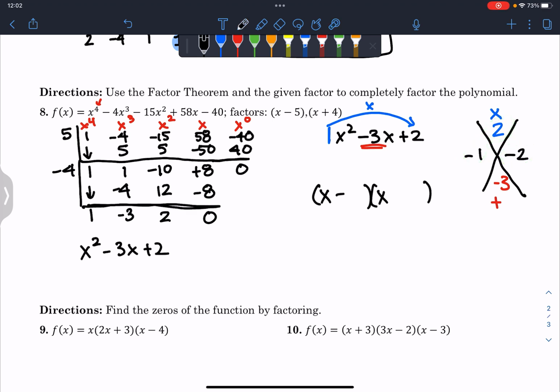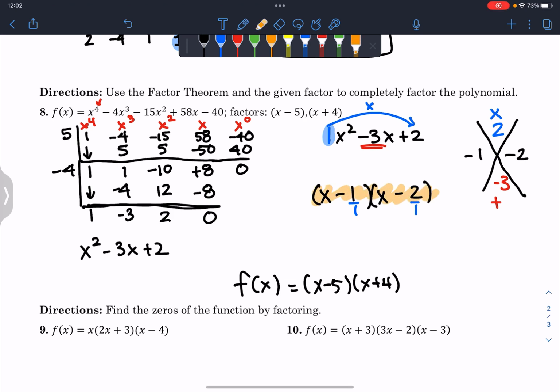We have x minus 1 and x minus 2. Now, since the leading coefficient, again, was 1, dividing these two numbers by 1 is going to keep them the same. So my complete factorization is going to be the following. Given that we have these two factors, and we just found these two new factors, this is the complete factorization of f of x.